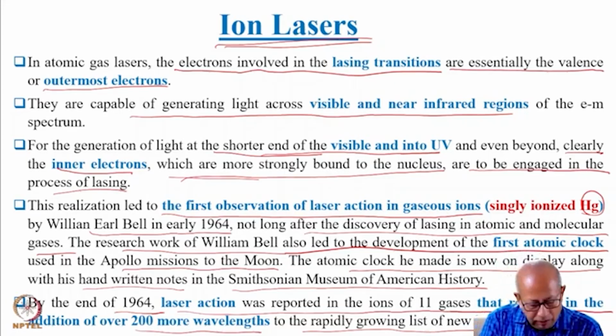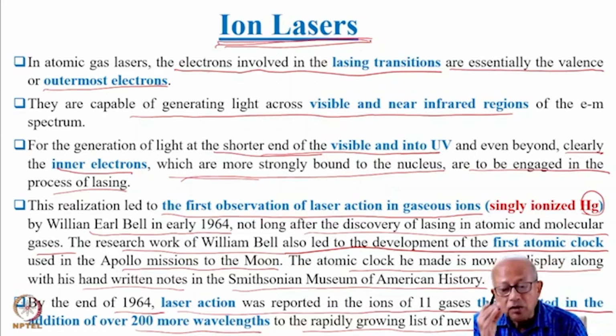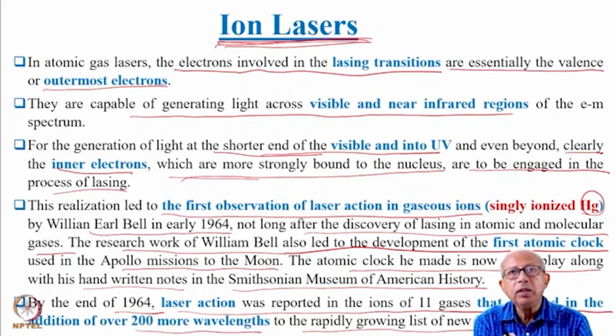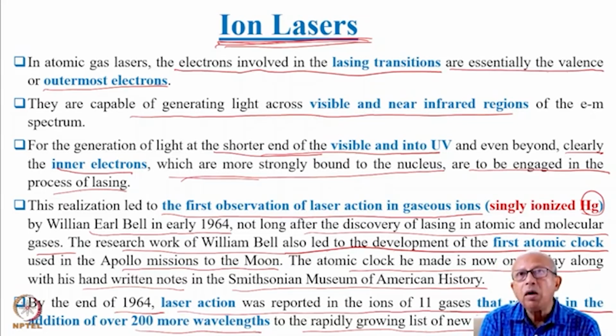And the argon ion laser made a great impact because this, for the first time, produced coherent light at ultraviolet wavelengths. Before the advent of ion lasers, coherent light was possible to be emitted only over the infrared, near infrared, and some part of the visible.